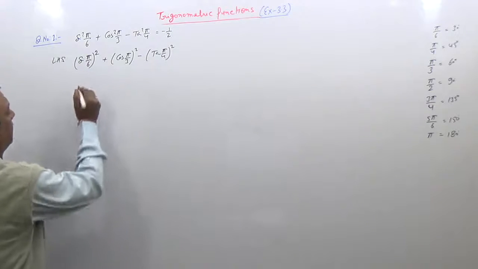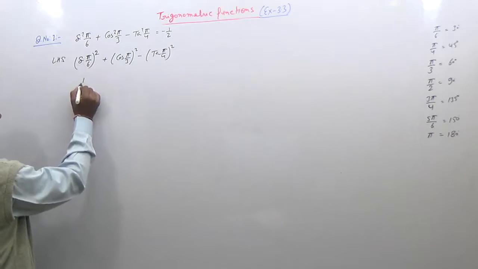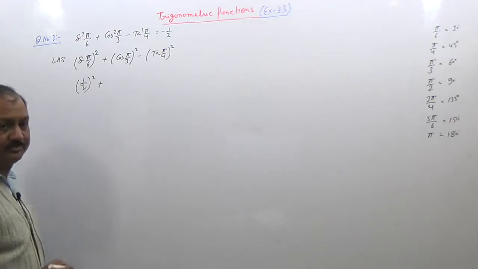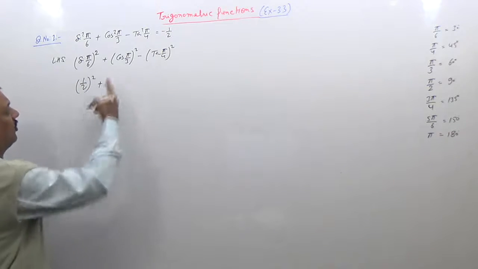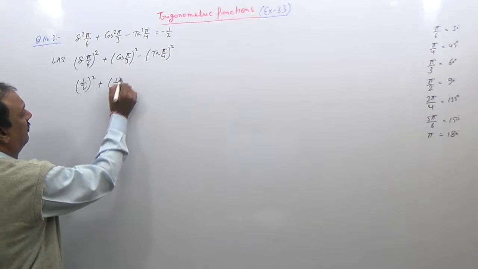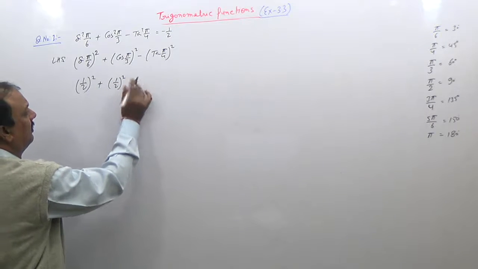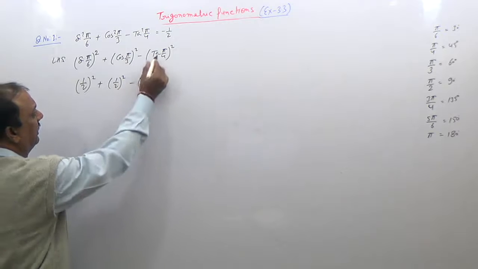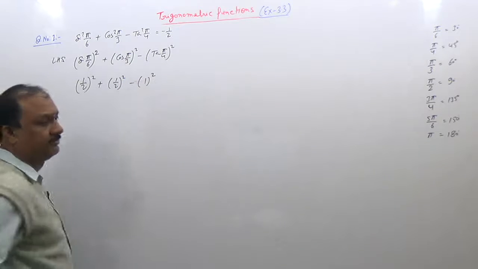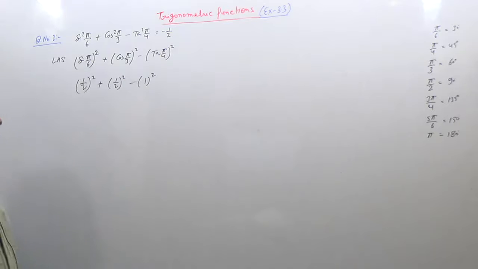So sine pi by 6 means sine 30, and sine 30 is 1 by 2 by the trigonometry table. Cos pi by 3 is cos 60, and cos 60 is also 1 by 2. Tan pi by 4 is tan 45, which is 1, squared.